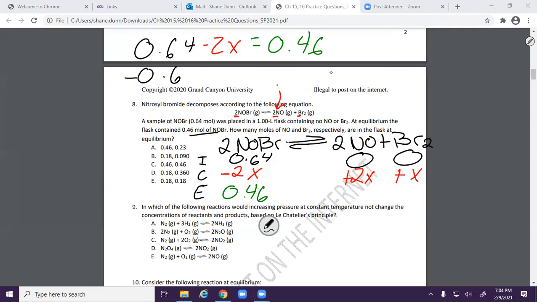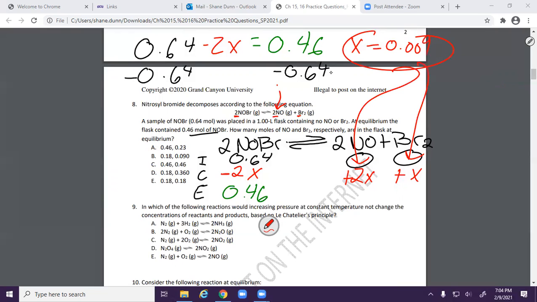Subtract this side, and divide by -2. X is equal to 0.009. Does that make sense? You guys got that? Or no? Okay. Plug those in for the x values.